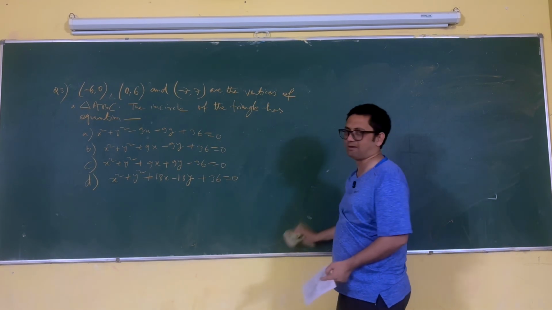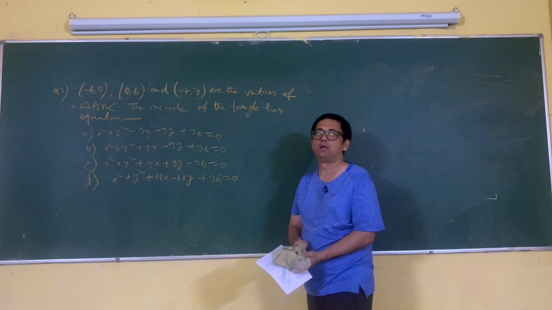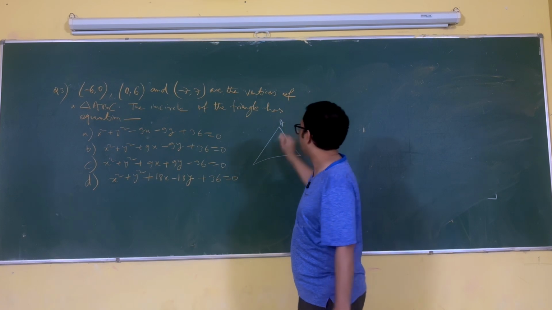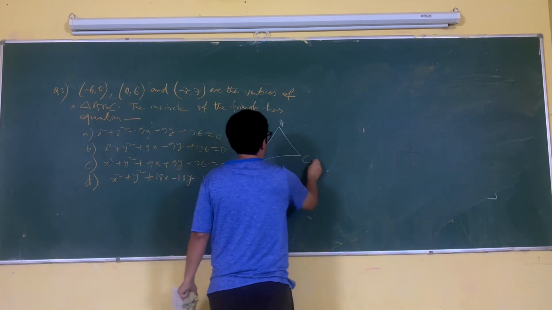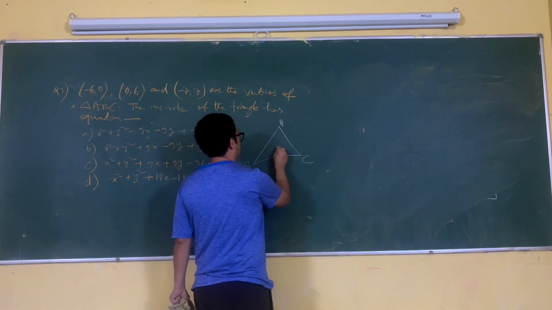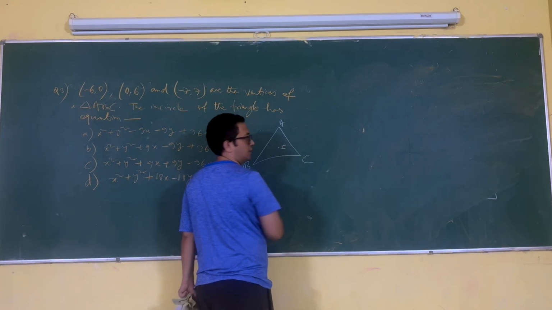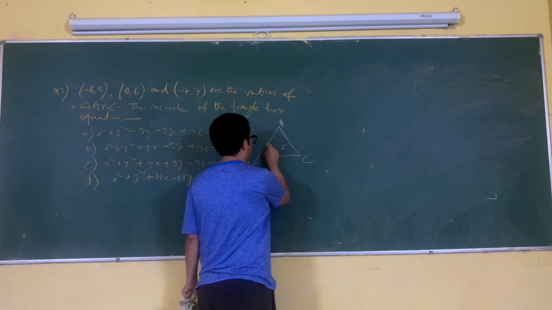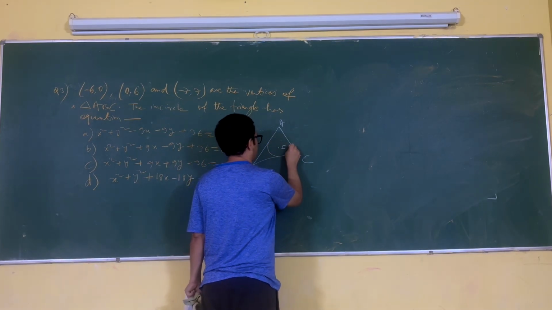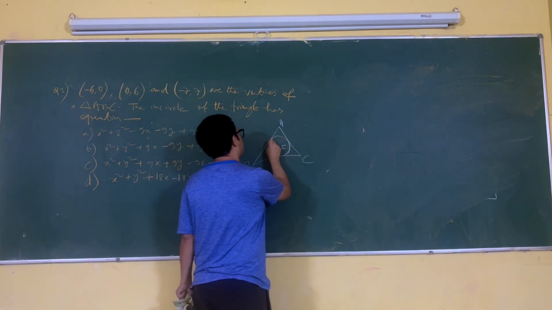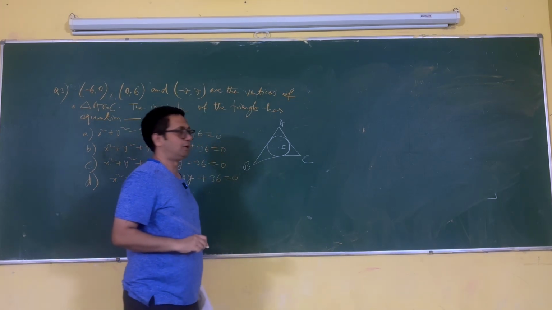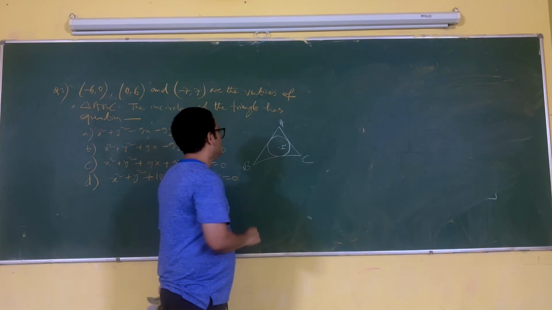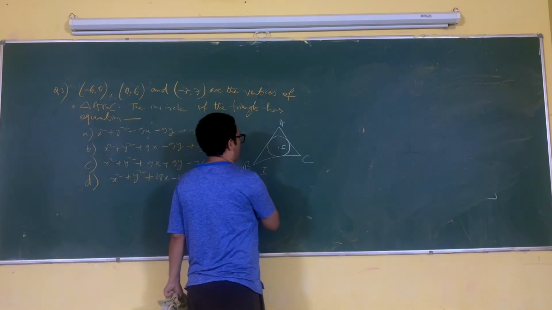The very basic formula we should be aware of is, if ABC is a triangle and suppose I is the incenter of the circle. So what is the incircle? Incircle is the circle that can be drawn inside the triangle in such a way that it will touch all three sides internally.